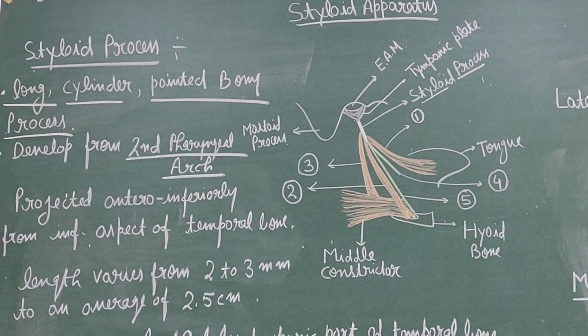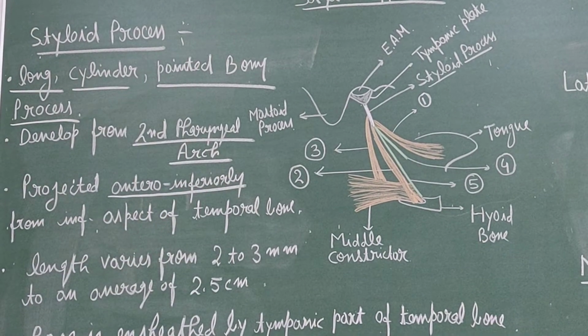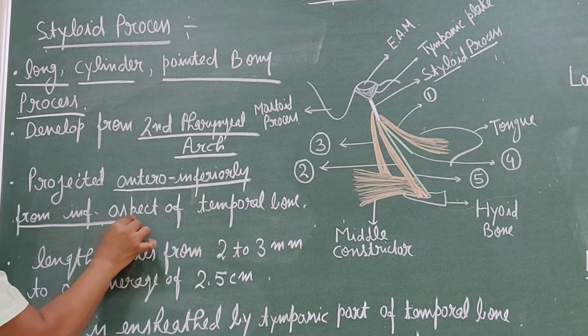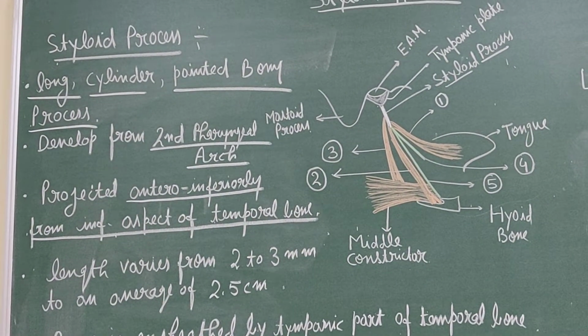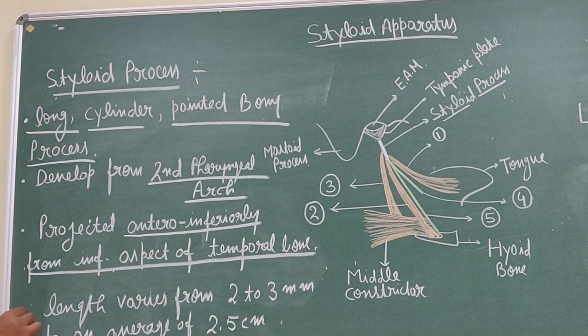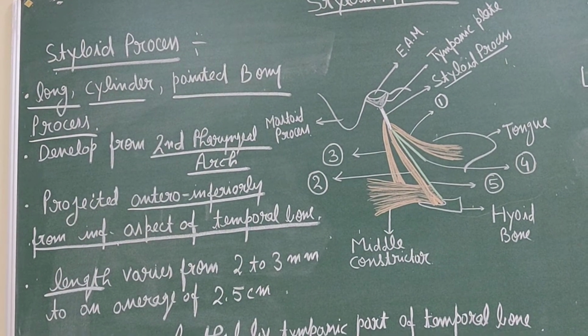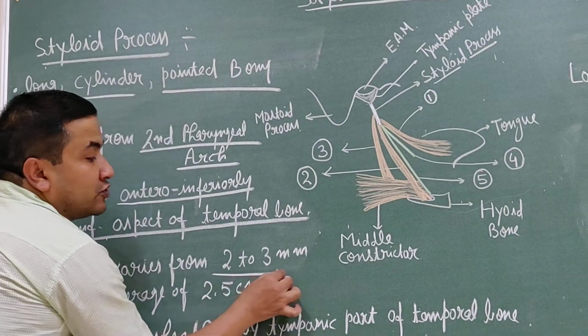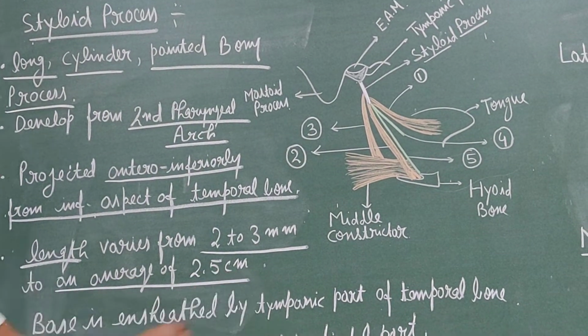This styloid process is projected anteroinferiorly from the inferior aspect of the temporal bone. The length of this styloid process varies. It ranges from 2 to 3 millimeters up to an average of 2.5 centimeters.